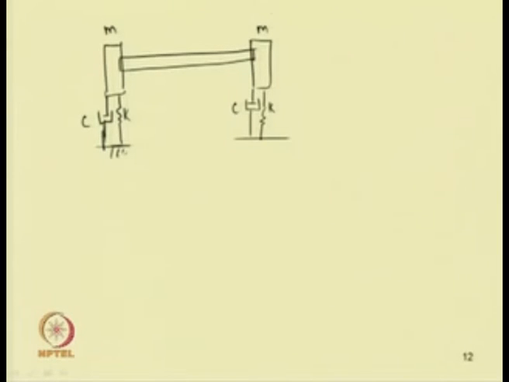Then at this end, the shear force will be equal to the inertia force plus the damping force and plus the stiffness force. So, one can write del by del x of E I del square W by del x square. This is the shear force, that is rate of change of the bending moment equal to shear force.